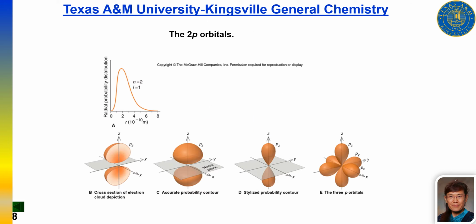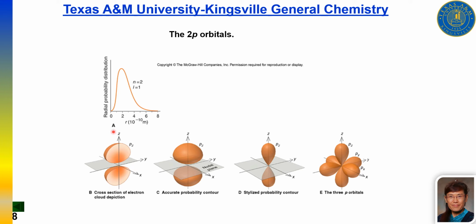So that's how you determine the s orbital. For p orbitals, 2p, 3p, or 4p, you have 3 different orientations. We call them px, py, and pz. So x, y, and z.